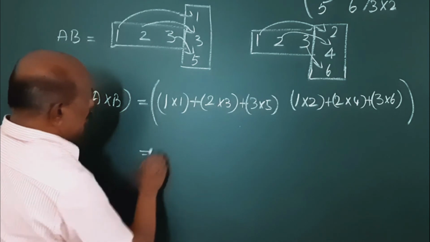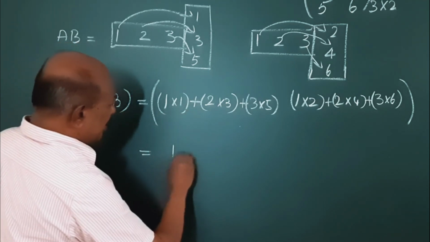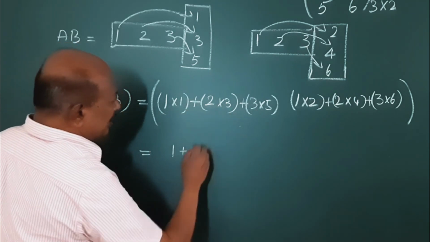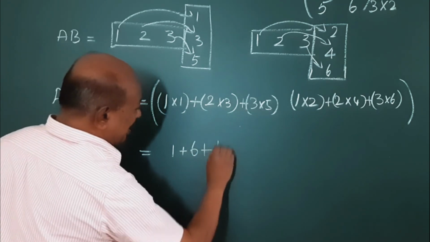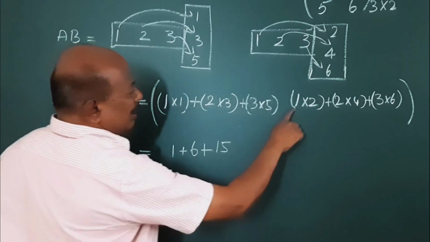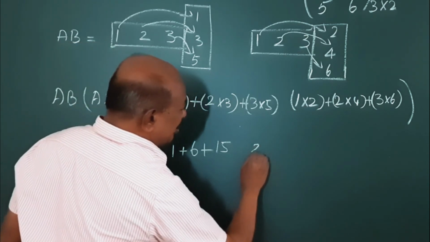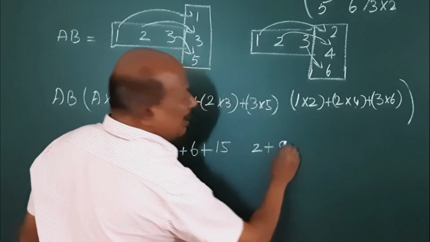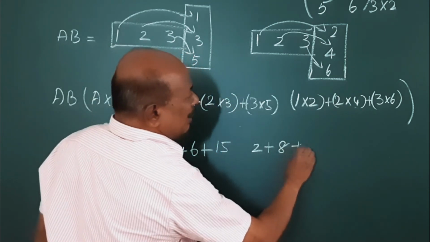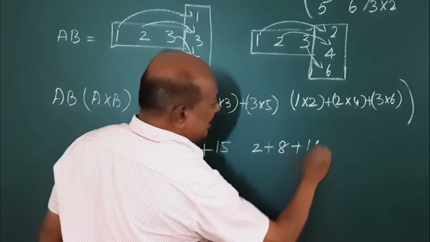That is equal to 1 into 1, 1, plus 2 into 3, 6, plus 3 into 5, 15. Like that, 1 into 2, 2, plus 2 into 4, 8, plus 3 into 6, 18.